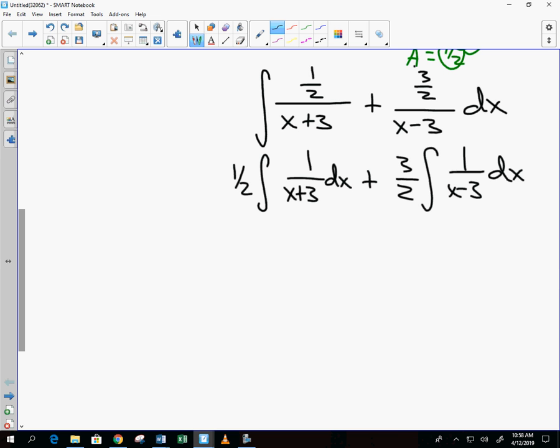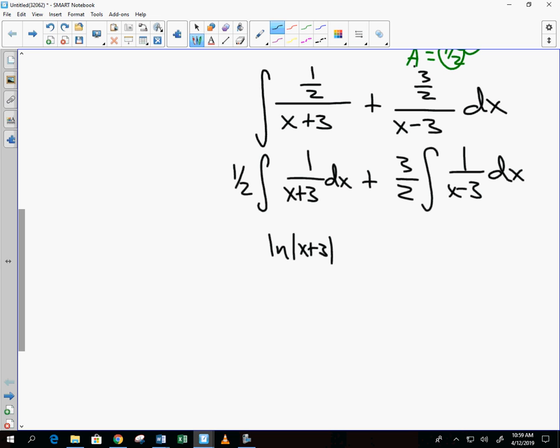So it just went from that step to that step. Anybody know the antiderivative of 1 over x plus 3? Yep. So have we done that enough now to where you know that the integral of 1 over x plus 3 is just natural log of x plus 3?